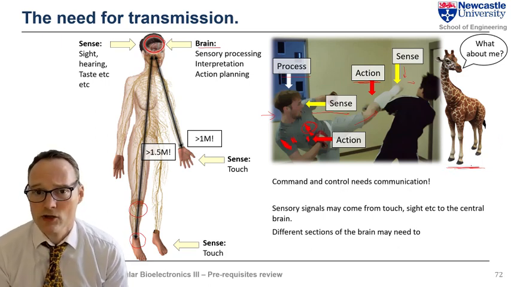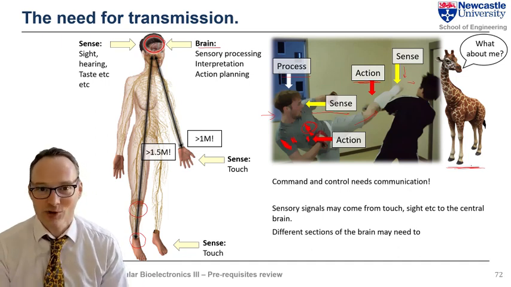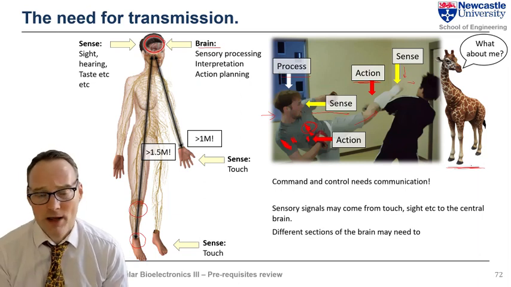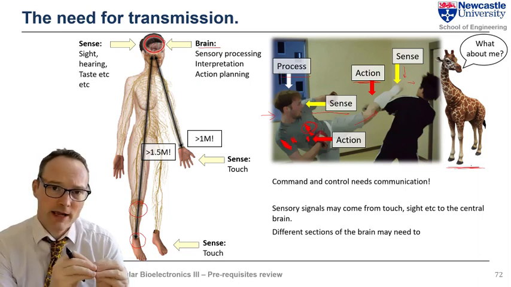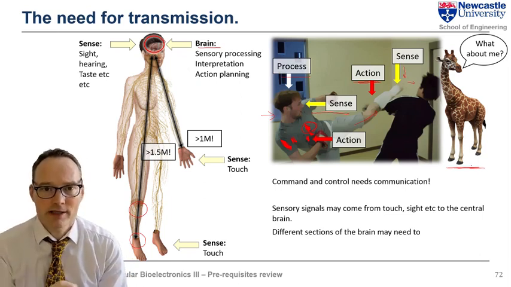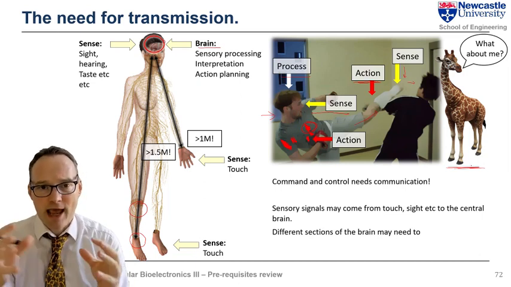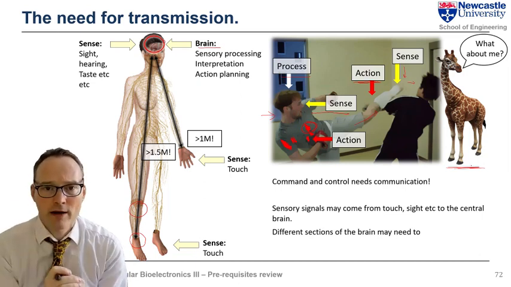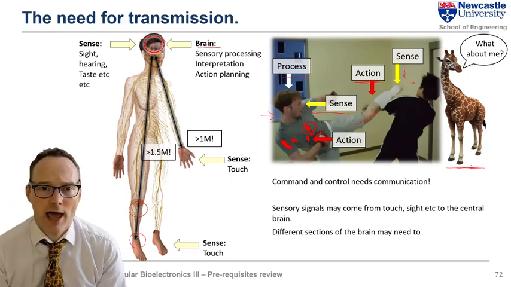This can be quite an extreme distance. And if you go as far as the dinosaurs, sauropods, perhaps that distance was as much as 14 meters, perhaps even longer. So clearly there has to be a connection from the processing center to these extremities, and signals need to be passed between them. These are sensory signals to the brain and action signals from the brain to those extremities.